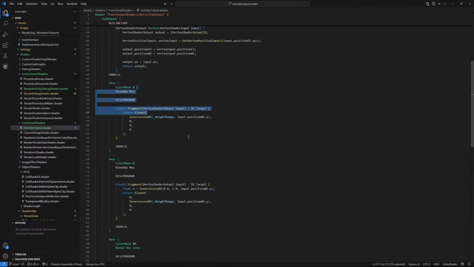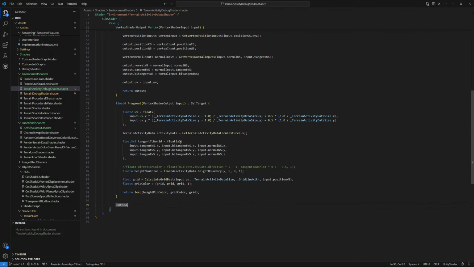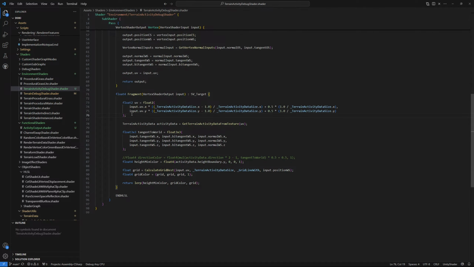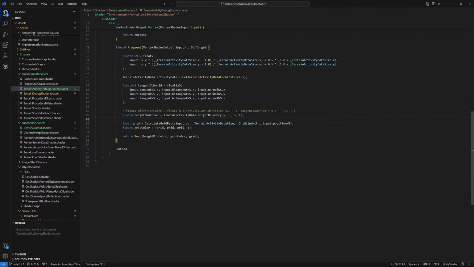Then I want to draw this now. What do we have? Min height, max height. Yeah, so this is how we did it previously.